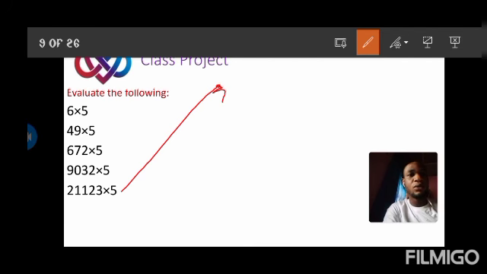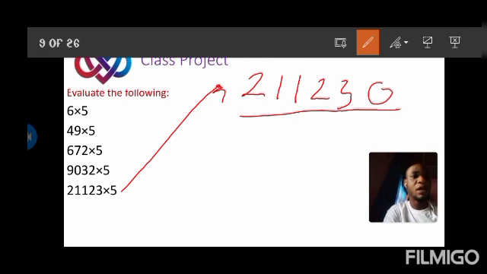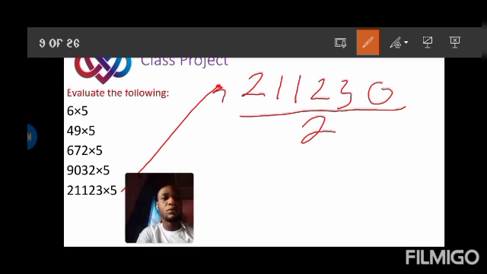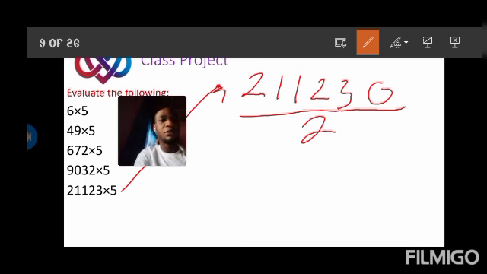I'll do 2,113 times 5. I'll add 0 to the back, then I'll divide by 2. I think that will save me a lot of time.